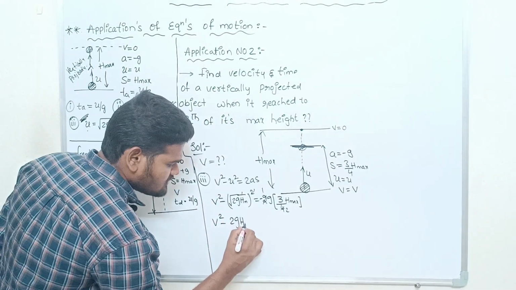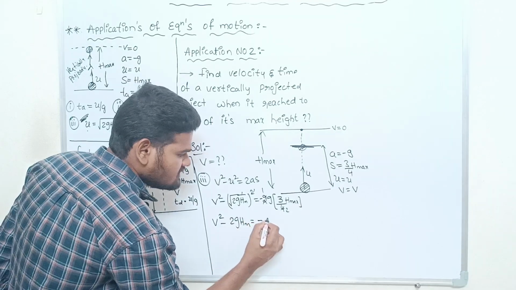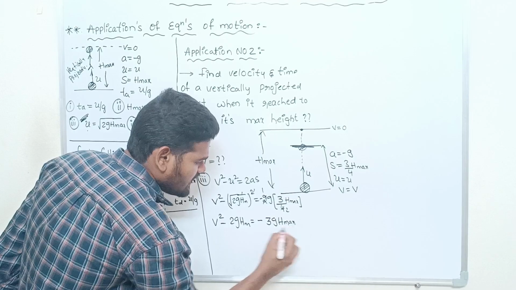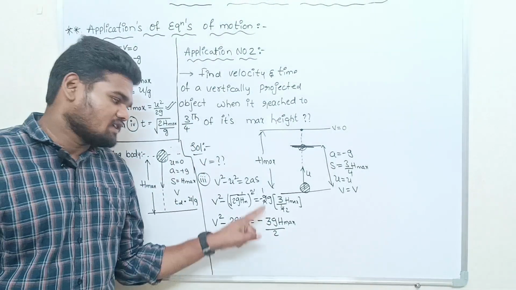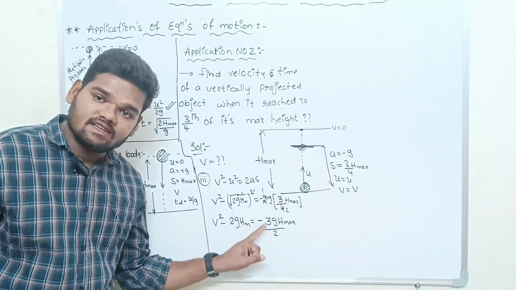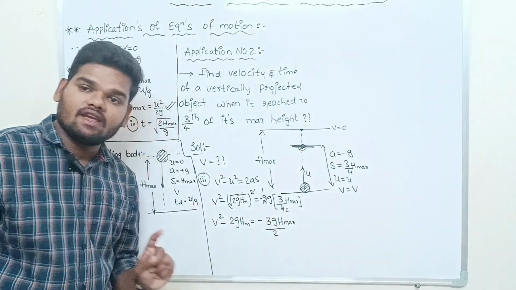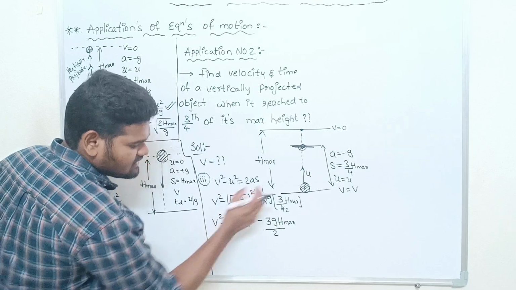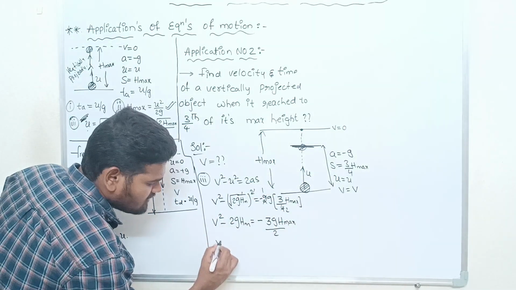2g h maximum is equals to minus 3g h maximum by 2. Have a look. Minus 3g h maximum divided by 2. Just bring this minus 2g h maximum to that side, it becomes plus.